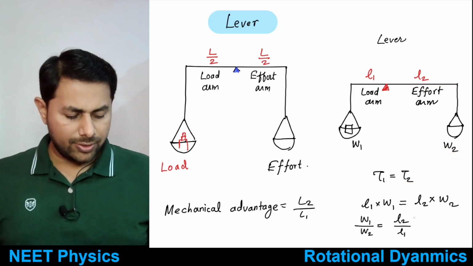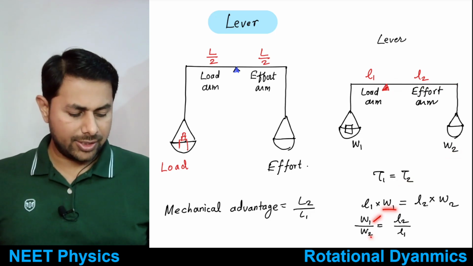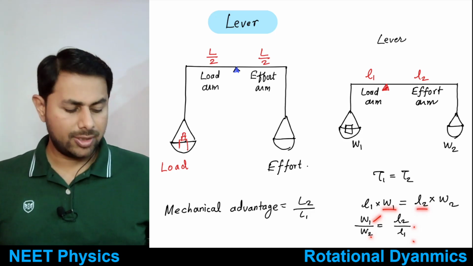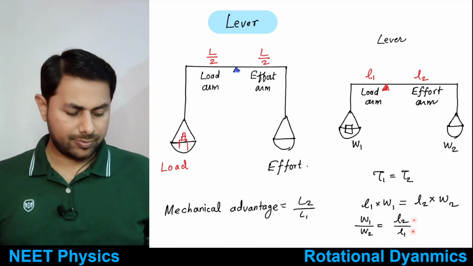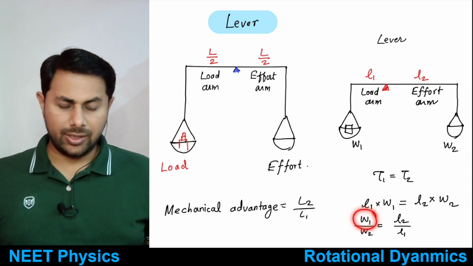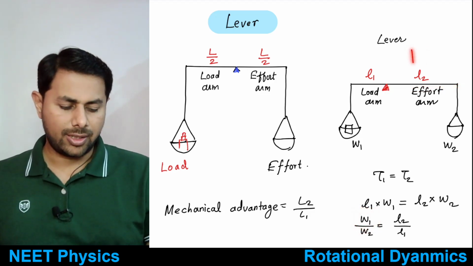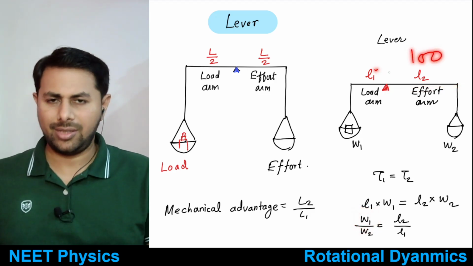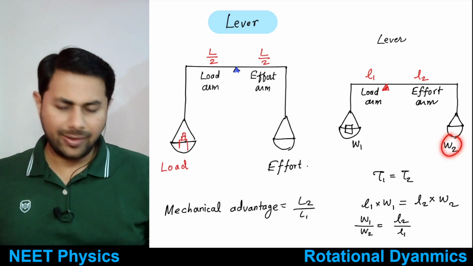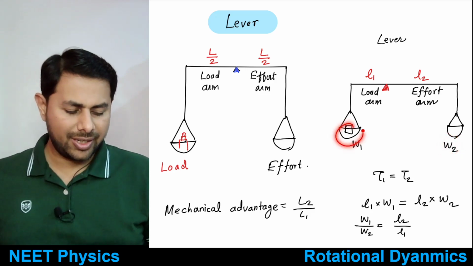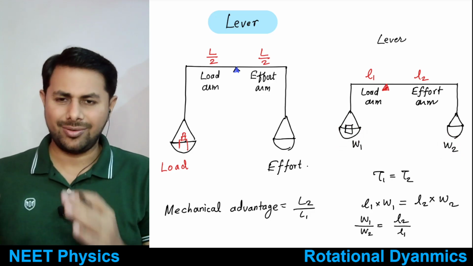Now take the ratio: W1 by W2 is equal to L2 is to L1. Now see, if L2 is 100 times greater than L1, then a 1 kg weight put in the right pan can lift a 100 kg weight put in the pan on the left hand side.